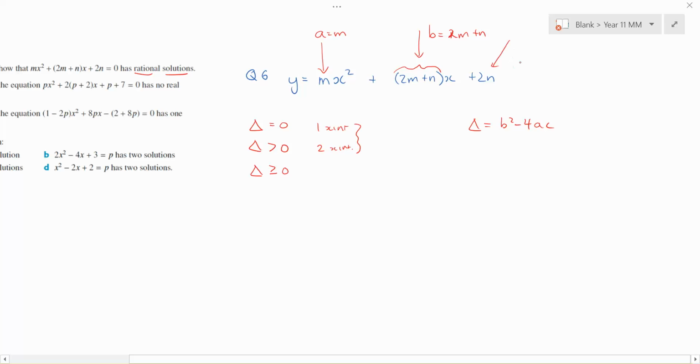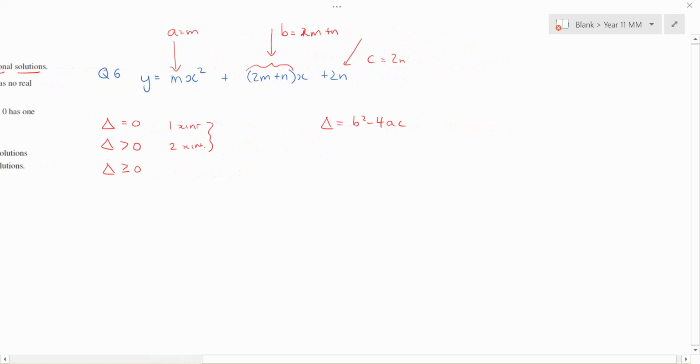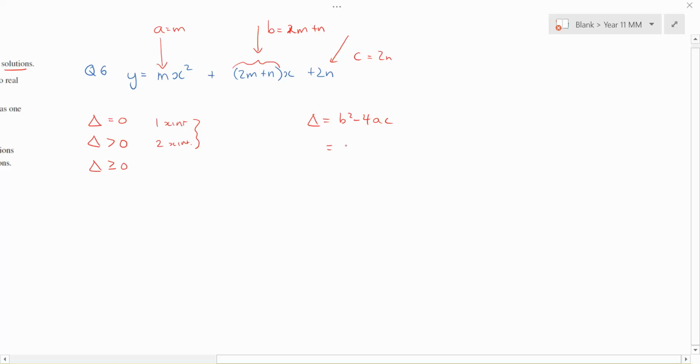And finally c is 2n, the term without any x at all. Putting it all together, the discriminant is (2m plus n) all squared minus 4 times a, which is m, times c, which is 2n. I'm just following b squared minus 4ac.